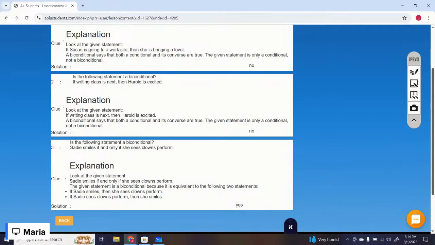Look at the given statement. The given statement is a biconditional because it is equivalent to the following two statements. If Sadie smiles, then she sees clowns perform. If Sadie sees clowns perform, then she smiles. So that is the biconditional.